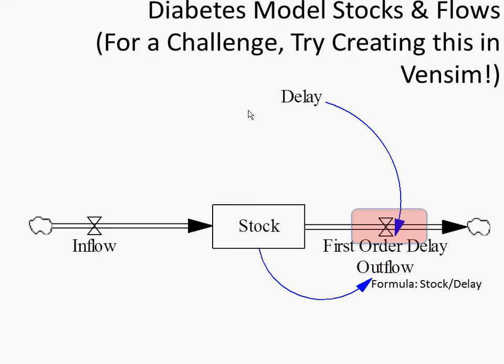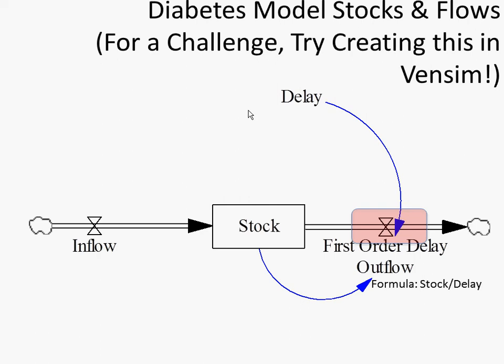So we could say, people with diabetes have a mean time of 13 years before developing end-stage renal disease. Or we could say, on a per-year basis, if we're representing first order delay, people have a chance of 1 over 13 of developing end-stage renal disease if they're diabetic. Those are two different, equivalent ways of saying that.